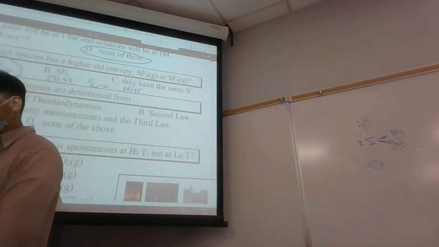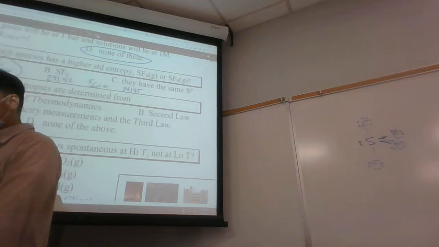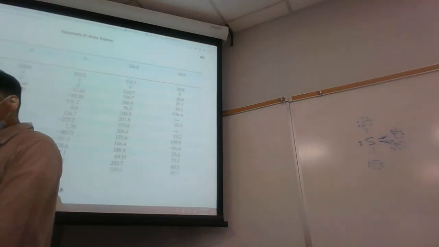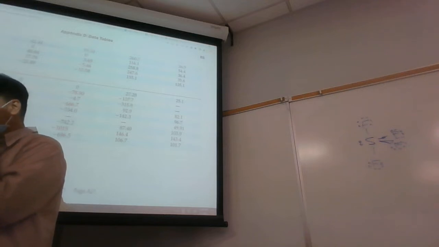Let's take a look at some of the data from Appendix D here. And look at nitrogen.